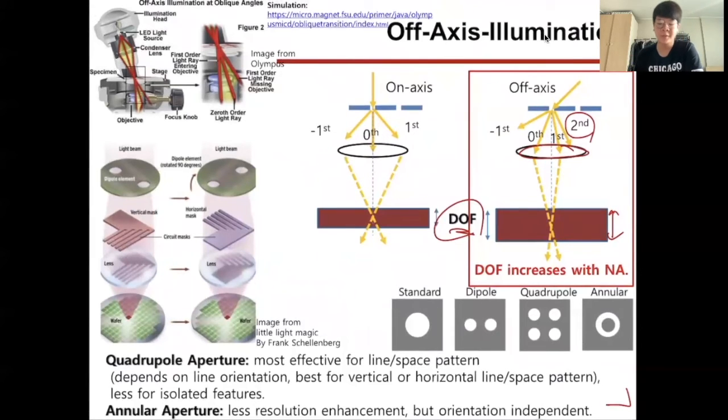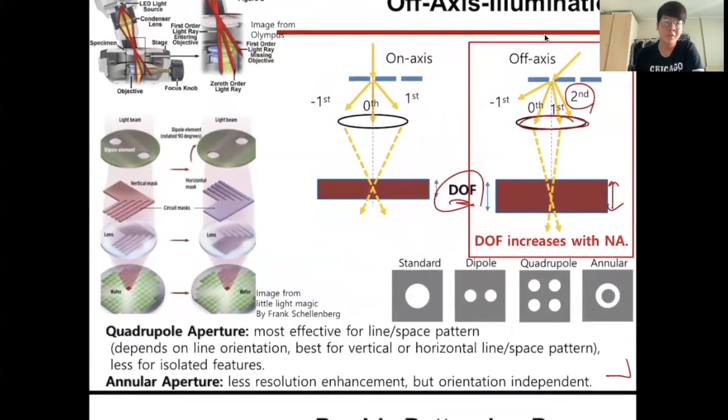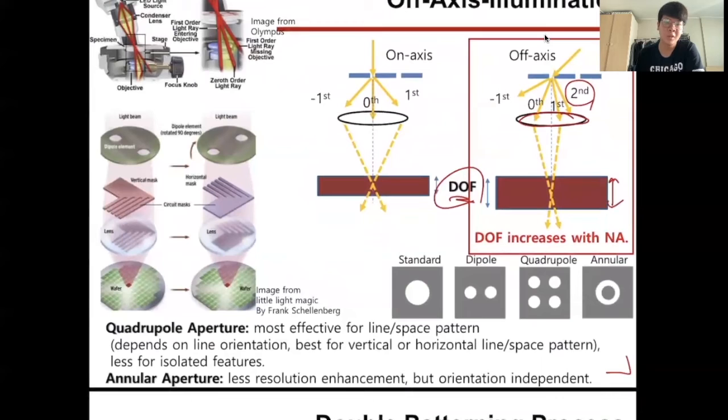Nowadays, for these off-axis illuminations, we use dipole or quadrupole apertures. Quadrupole apertures are more effective for shaping microscale line or space patterns, and annular apertures give lower resolution than quadrupole apertures, but are more orientation independent.